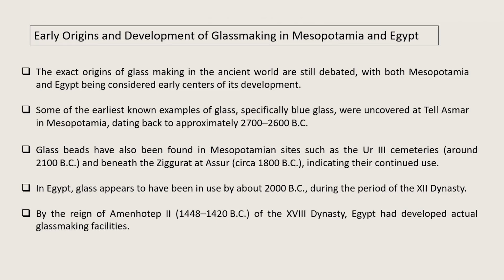Now, early origins and development of glass making in Mesopotamia and Egypt. Till now, in the starting of this lecture, we have seen the literary sources which explain the evidence of glass, and now we are moving towards the archaeological evidences.